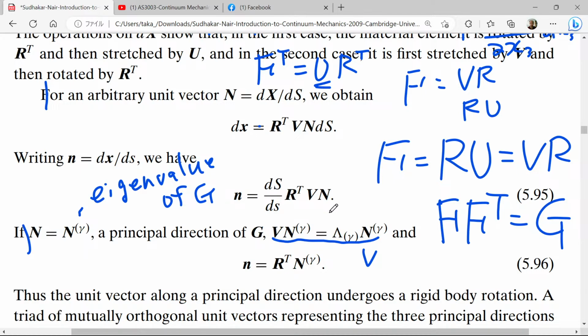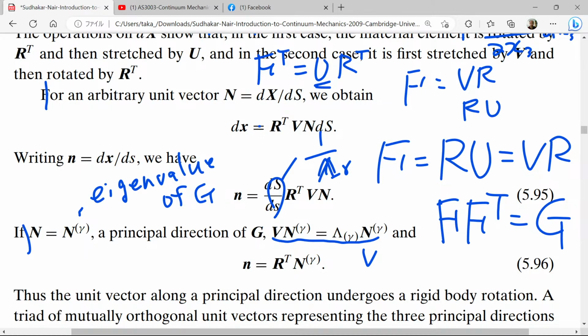Okay, so this ds over ds, this is 1 over lambda. I think I can write it. This is lambda gamma, 1 over lambda gamma. Right?